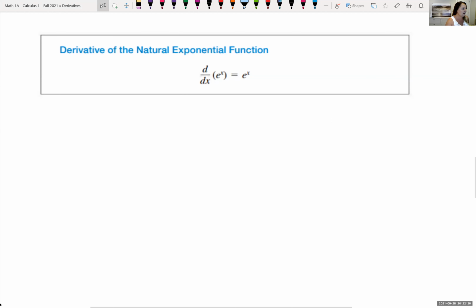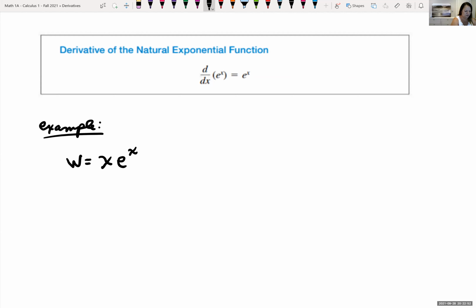But let's look at a few examples using this and some other rules that we had looked at so far. So if we have the function, let's say w is equal to x all times e to the x, and we want to find the derivative of w.